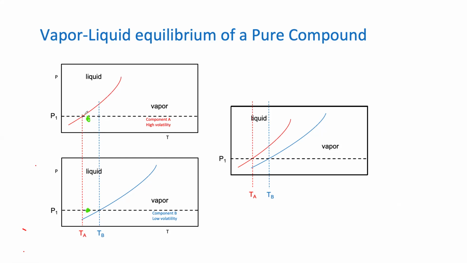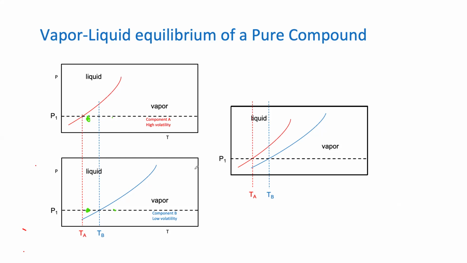Okay. So if we increase the temperature more than TB, then both of them can be vapor. So that's the two different properties between A and B. Now, what happens if we mix them together?